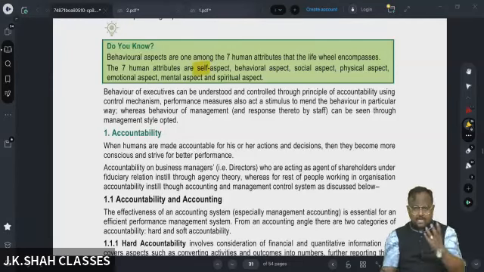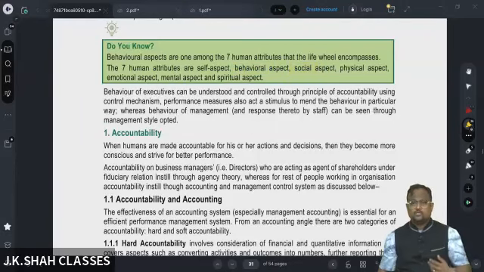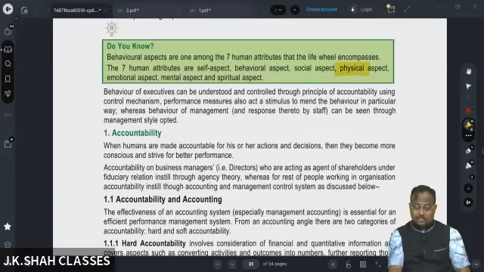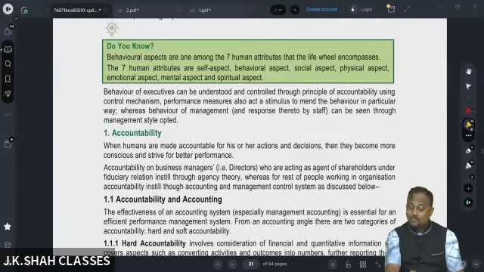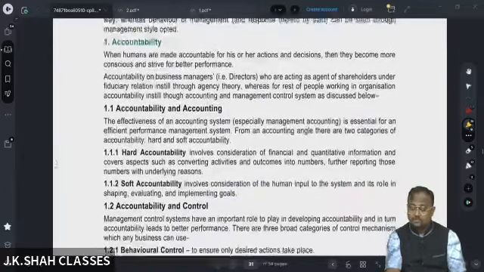Self means the characteristic of a human, then behavior, then social, his educational background, his skill, intelligence, physical, emotional, mental and spiritual. तो उसमें से एक ही हमको कंसिडर करना है, सिर्फ बिहेवियरल. बाकी उसके स्पिरिचुअल और मेंटल से हमको कोई लेना देना नहीं है. We are just concerned about behavioral.